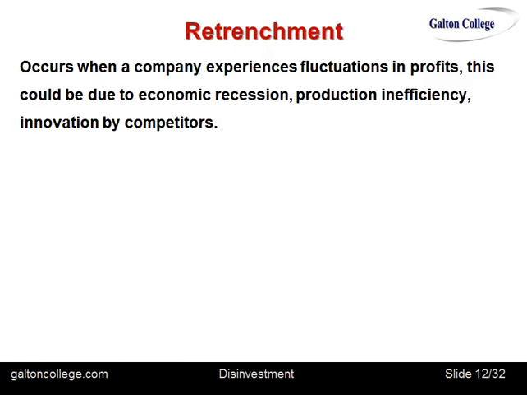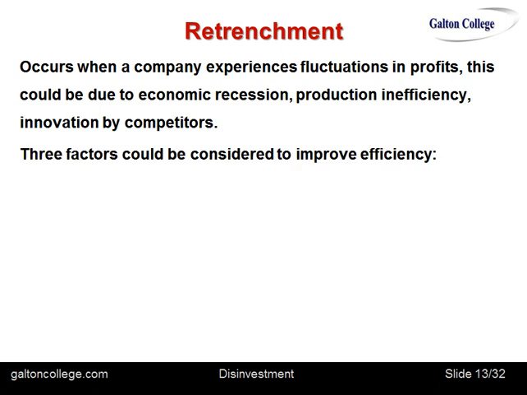So let's look at the first type, retrenchment. Well, this occurs when a company experiences fluctuations in profits. This could be due to economic recession, production inefficiency, innovation by competitors. So retrenchment means cutting back, moving back from full-scale participation in the market, retreating from the market. Three factors could be considered to improve efficiency.